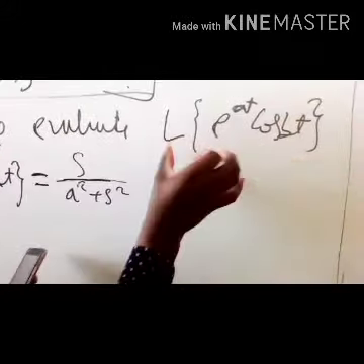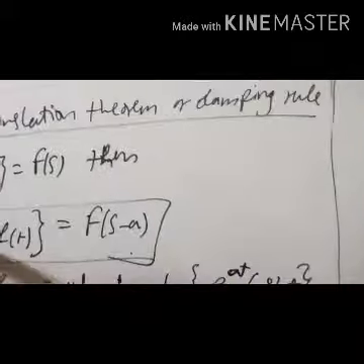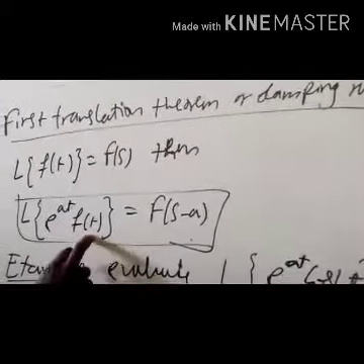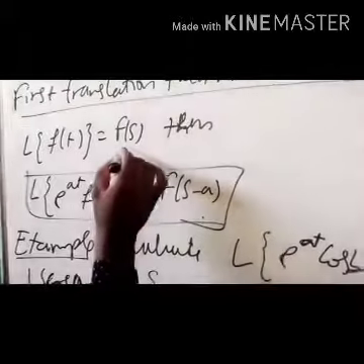Now we are going to evaluate the transform of e^(at) cosine of bt, and you know that by the damping rule, e^(at) f(t) means F(s − a).